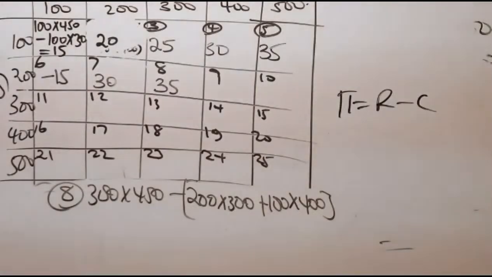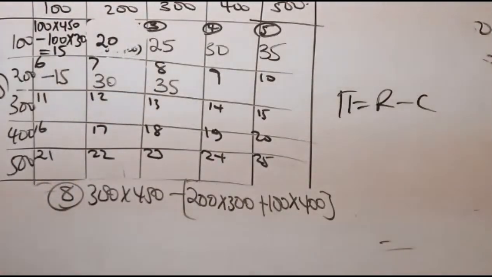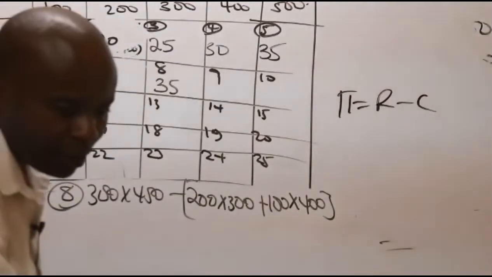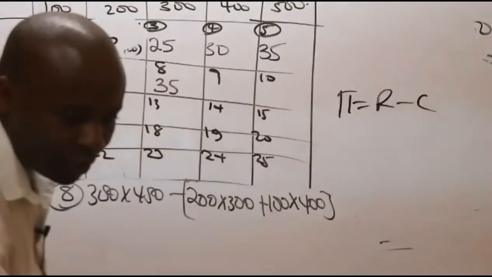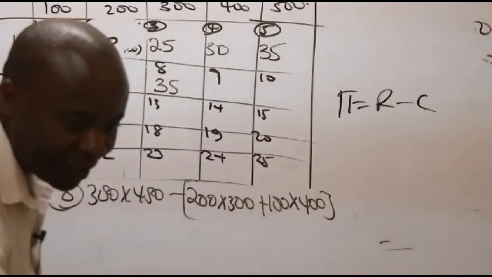So, ladies and gentlemen, the figures that I'm able to see here are which ones now? According to Muniu here, this is loci.